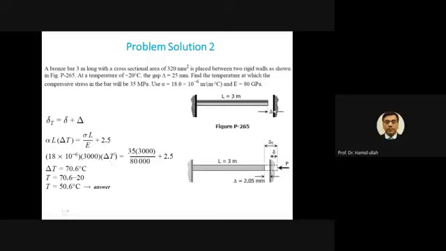Since you are given the initial temperature of -20, the final will be 50.6 degree. In other words, when the temperature change is 70.6 degree, in this body made of bronze, thermal stress of 35 megapascal will be produced.